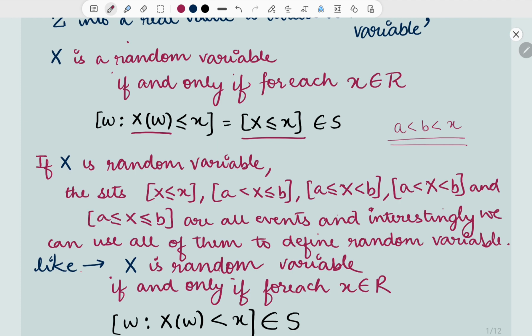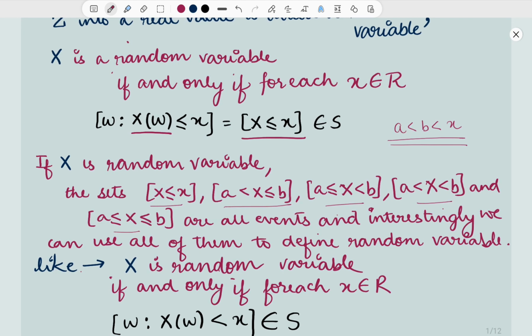So what I am trying to say is that we can define a random variable through these different sets, which are all events, and from this we interestingly observe that we can use all of them to define the random variable.